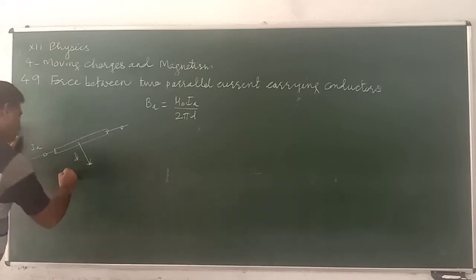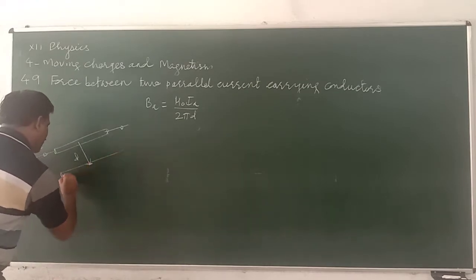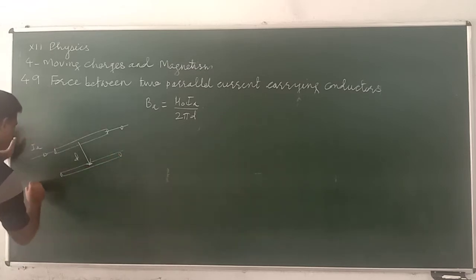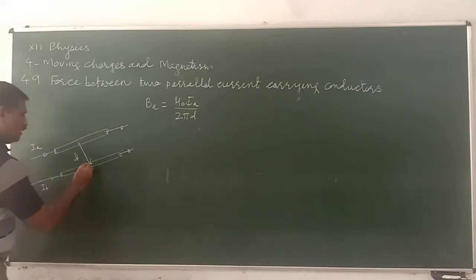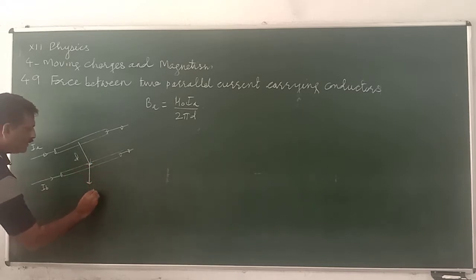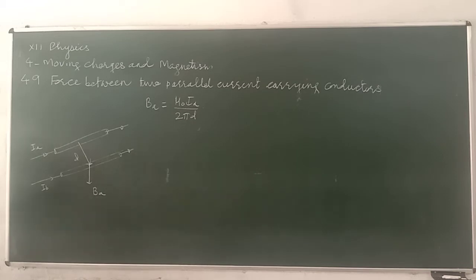Now another conductor B is placed exactly at a distance D, and IB is the current passing through it. The magnetic field BA is in the downward direction.